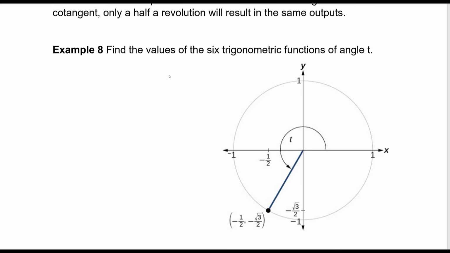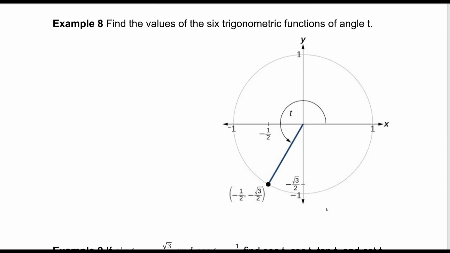So find the values of the 6 trig functions for this angle. We know that sine of t is going to be the y value, so negative square root of 3 over 2. That's because it's a unit circle.